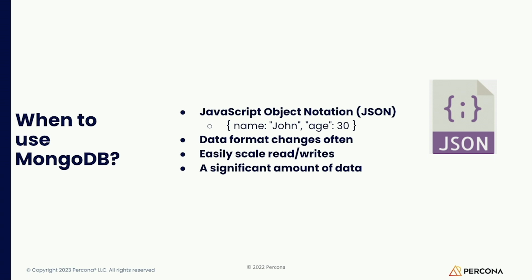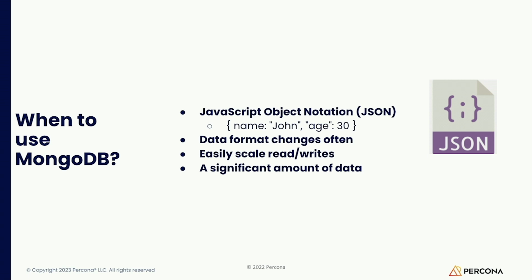When should you use MongoDB specifically? Well, if your data has JSON or is based on JSON, that's already a hint that MongoDB could be for you. If your data is changing often, having MongoDB means you will not need to do any schema changes that are expensive in other technologies.